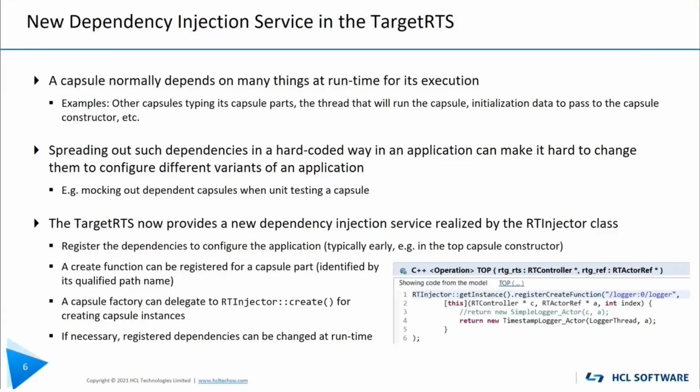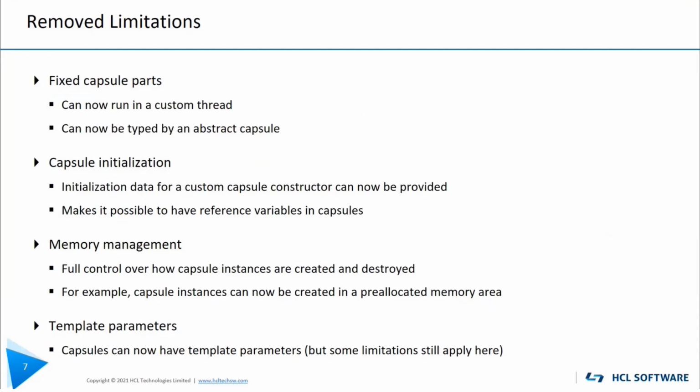So then let's look finally at the slide summarizing the limitations that we have removed by implementing these features. For fixed capsule parts, you can now run them in any thread you like. Previously, they could only be run in the same thread as the container capsule. You can type a fixed capsule part by an abstract capsule now.